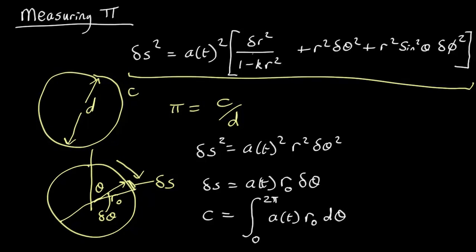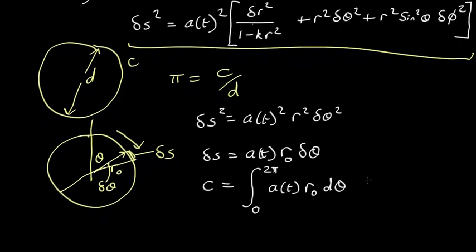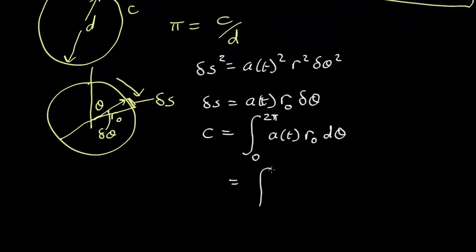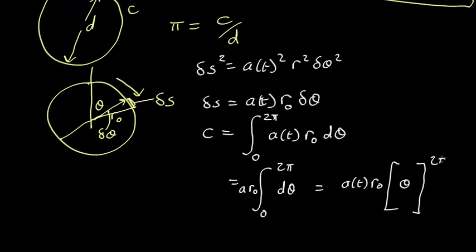Now, what is this integral? Well, a of t and r naught are both constants here. So this is just equal to the integral from 0 to 2 pi, take the a and r naught outside, d theta, which is a of t r naught, just 1 times d theta, so that's just going to be theta, from 0 to 2 pi, which is just 2 pi r naught a of t.